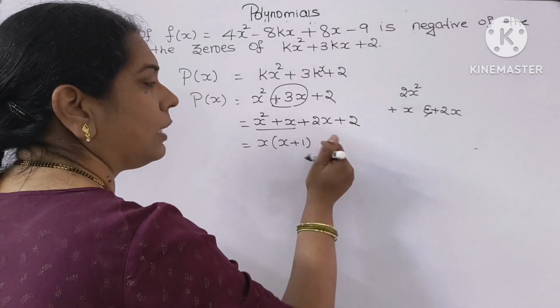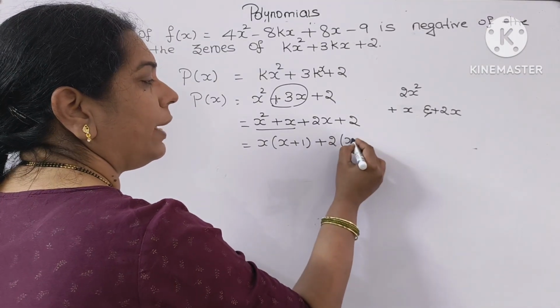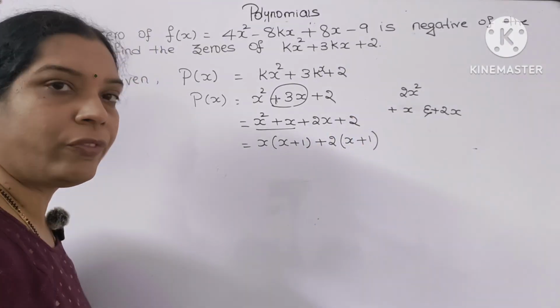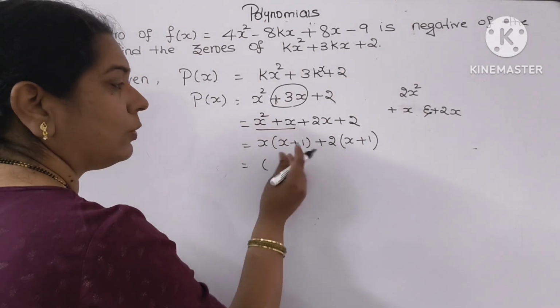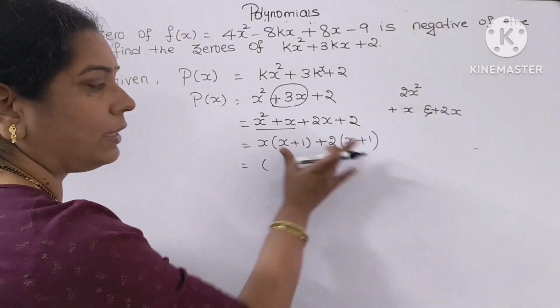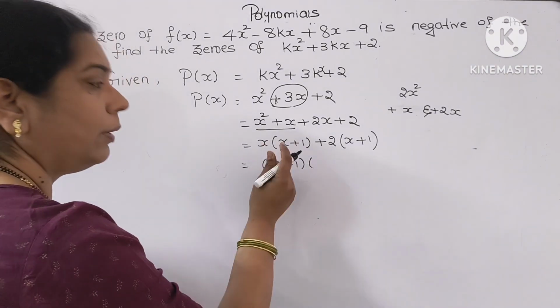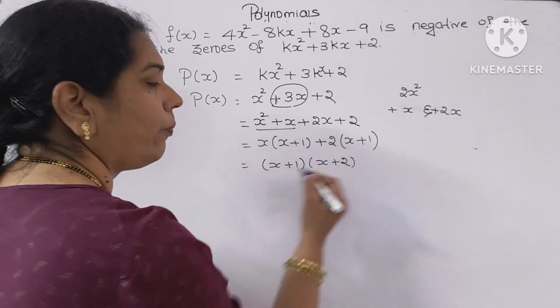What is common in the last two? Plus 2 is common. So I am left with x here. I have taken the complete 2 common, so I put 1 in its place. So write x plus 1. See, x plus 1, x plus 1. We have the same factors. So write it only once and then make x plus 2 a separate factor.